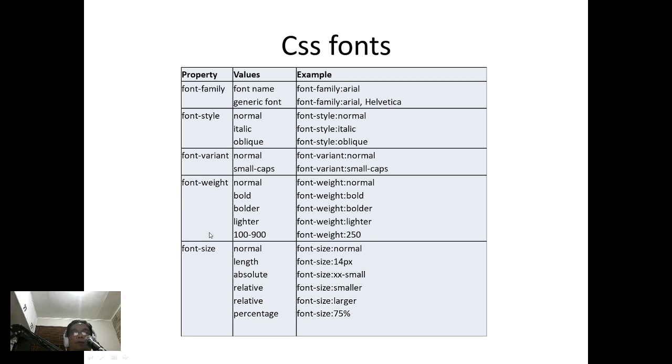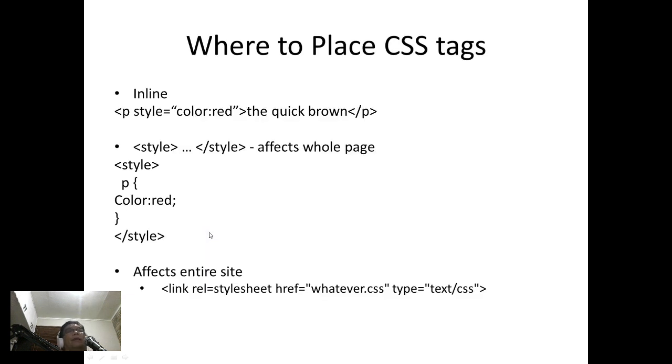One of the most recommended ways to place your CSS tag is to place it in an independent file. In this example, it is a file that is named whatever.css. That is where you place your tags.